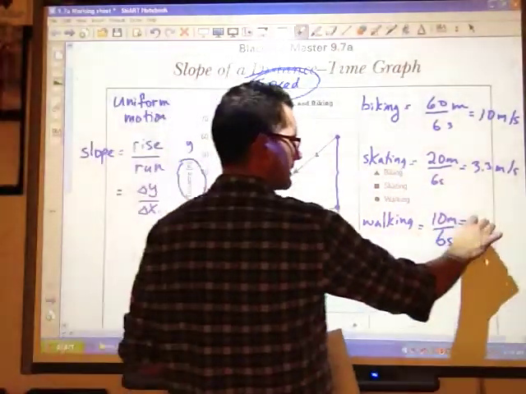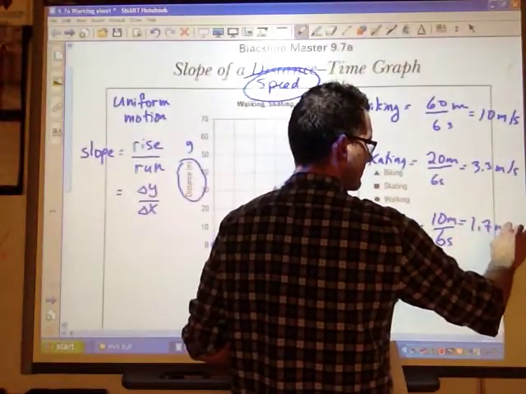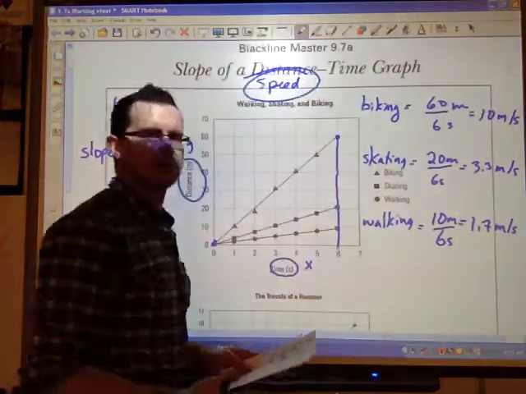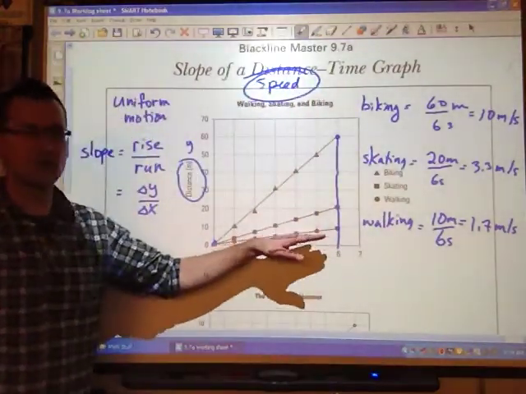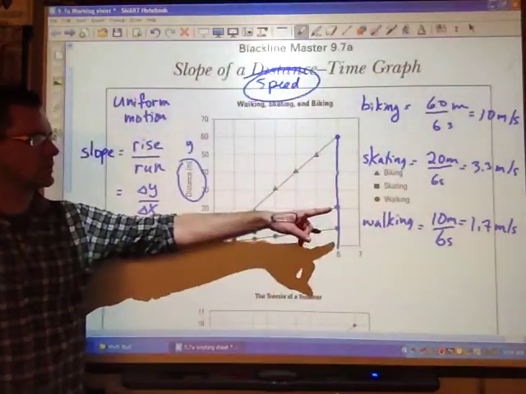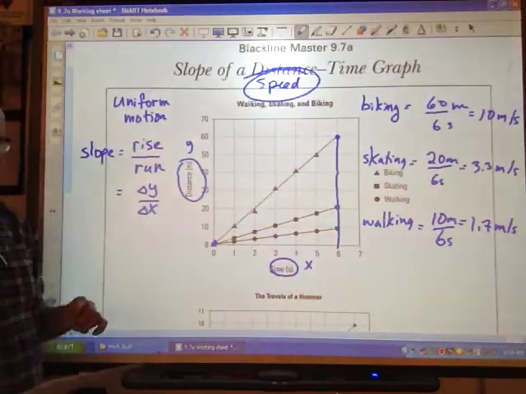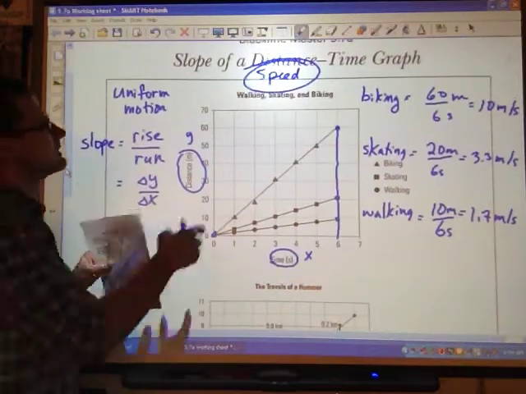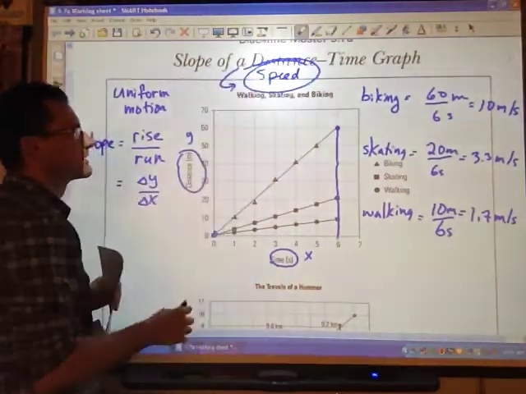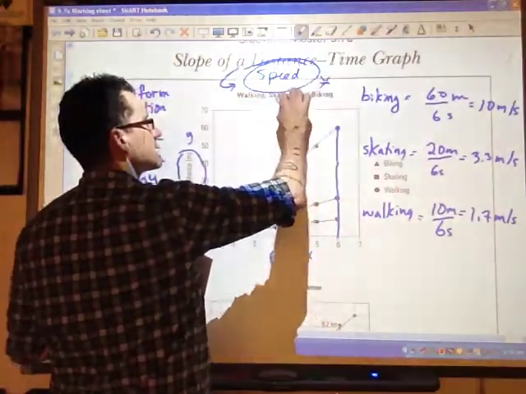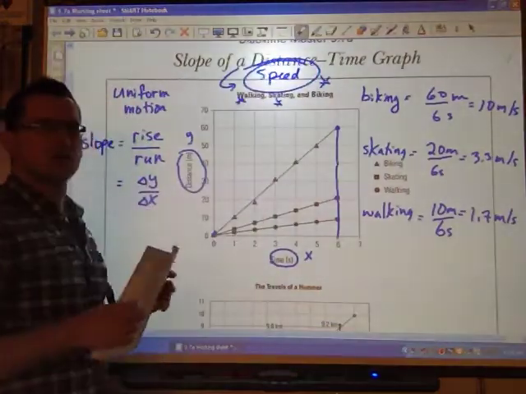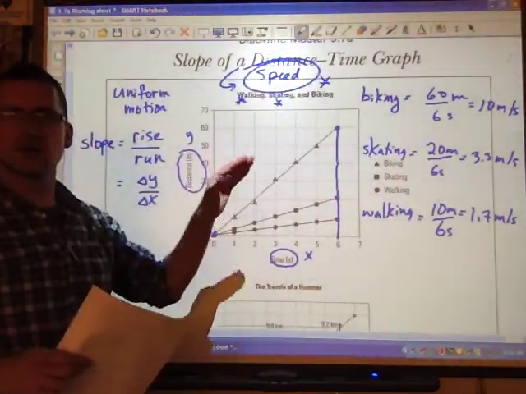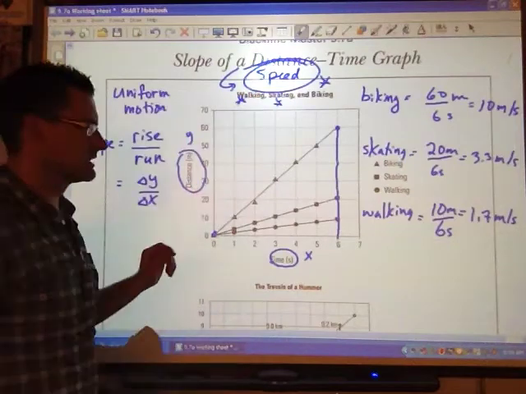Of course, it's half as great as the other one, 1.7 meters per second. So smaller slope, smaller speed when you have walking compared to skating. So this is true with the distance time graph. It'll give you speed. So you can make that little note there, put a few stars there, because that's what it results in. Rise over run, meters over second, that's speed.